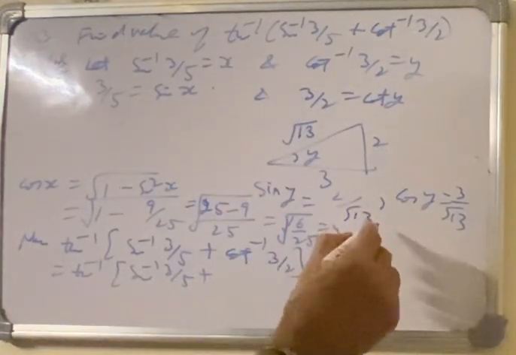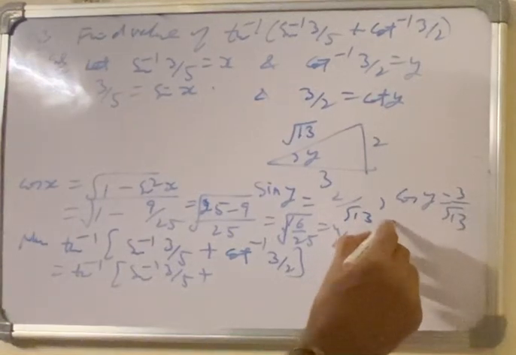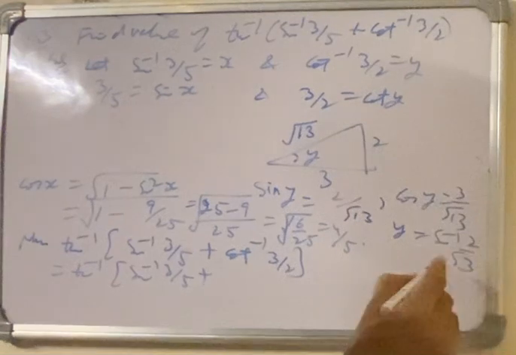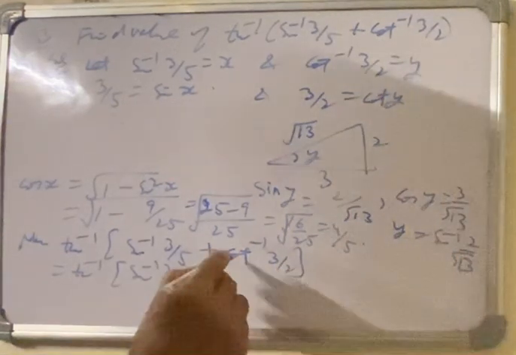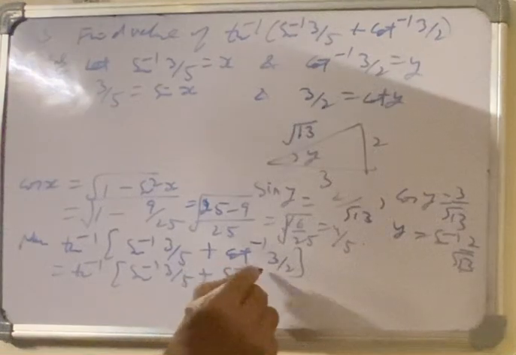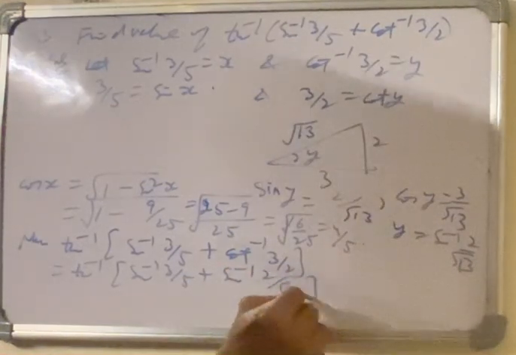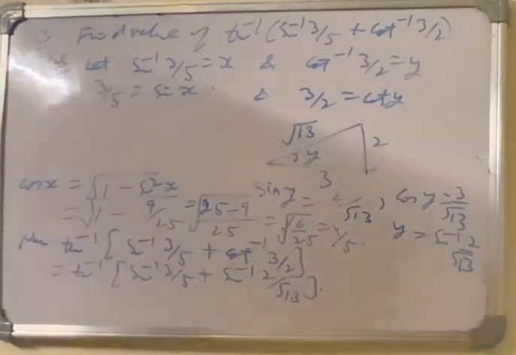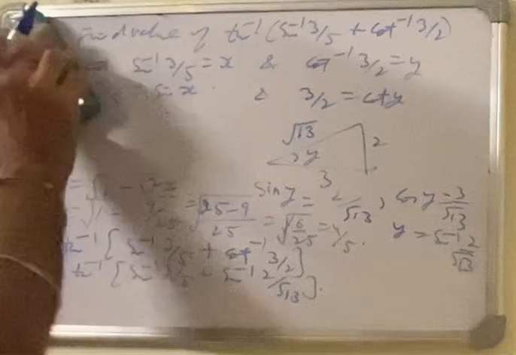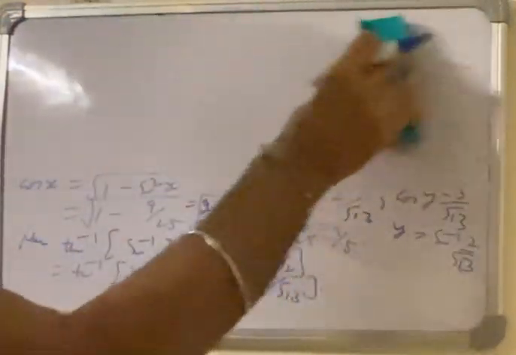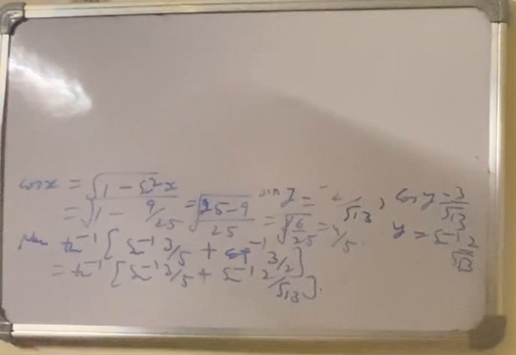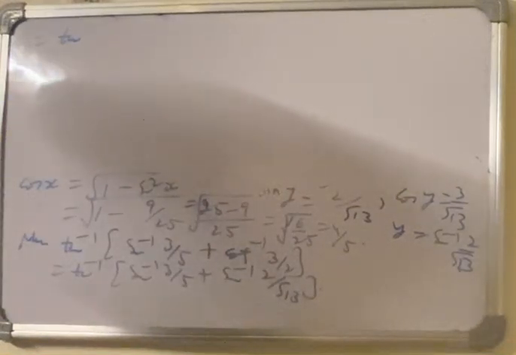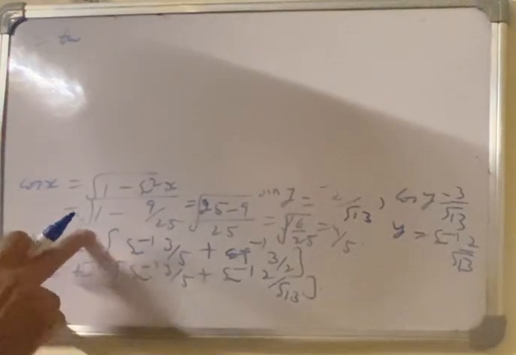This we can write with y equal to sin inverse 2 over square root 13. So this is tan of sin inverse 3 over 5 plus sin inverse 2 over square root 13. Now we can apply the formula for sin inverse A plus sin inverse B.